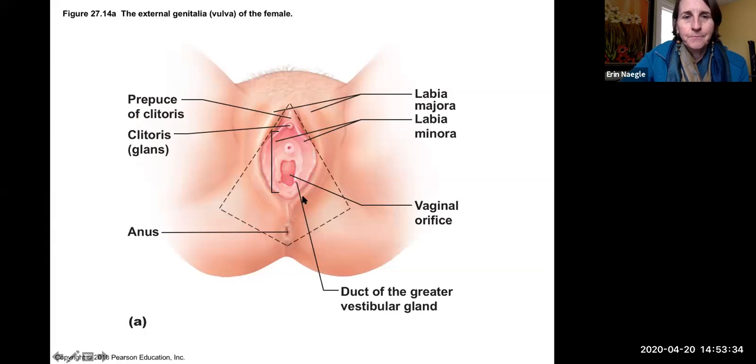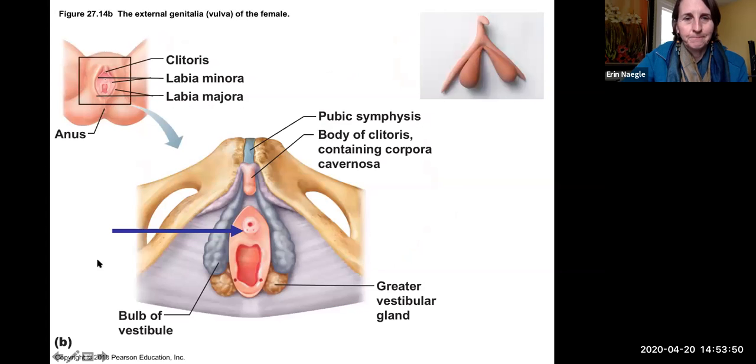And then the clitoris. We'll talk more about that in a moment. But this is what we can see, but it's not the full size of the clitoris or the erectile tissue of the female. So let's talk about that.